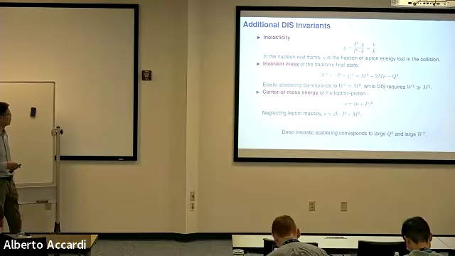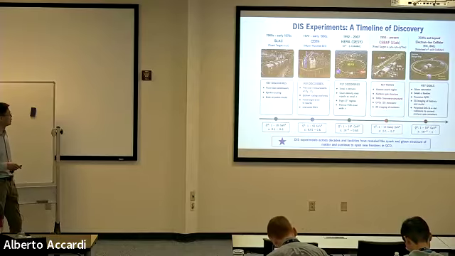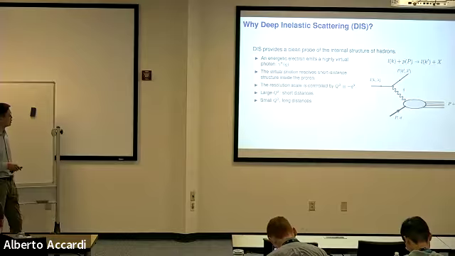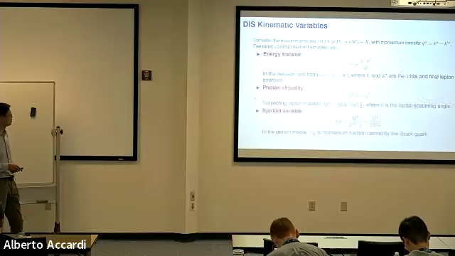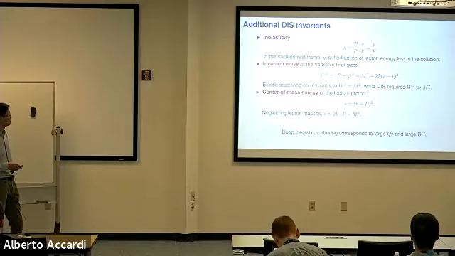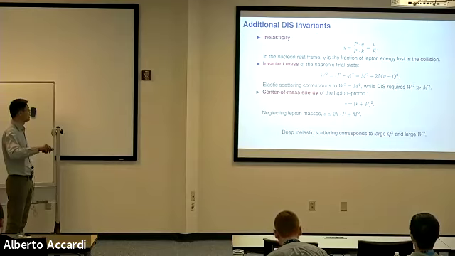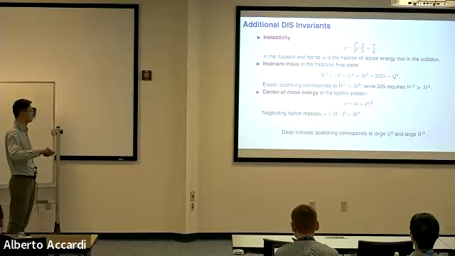We also have the invariant mass of the hadronic final state. The virtual photon interacts with the proton and generates whatever the final state is, and it's characterized by P+q. That's the invariant mass of the final state. We also have the so-called center-of-mass energy of the lepton-proton system, determined by the momenta of the electron and the proton.